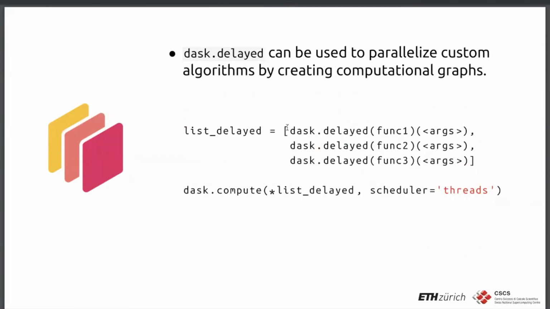Also, you can do simply a list of function calls that you want to add to the graph, and let Dask schedule it depending on the resources. Like for instance, here we create a list of functions, and then we say dask.compute, and we pass all this list one by one.